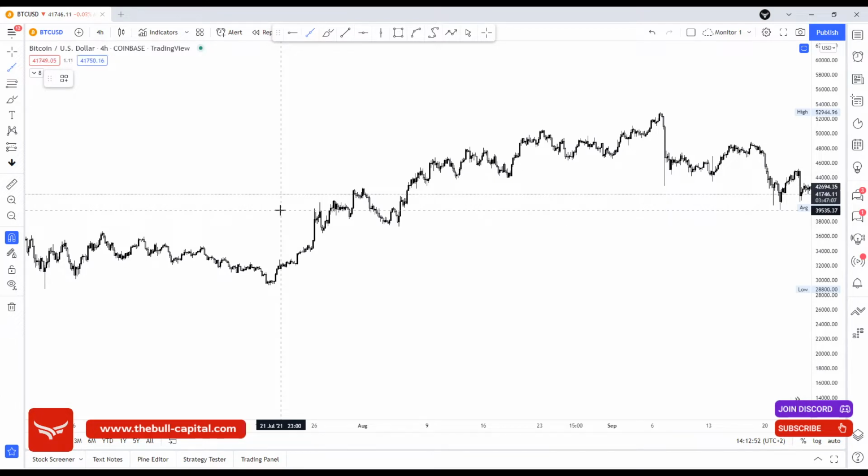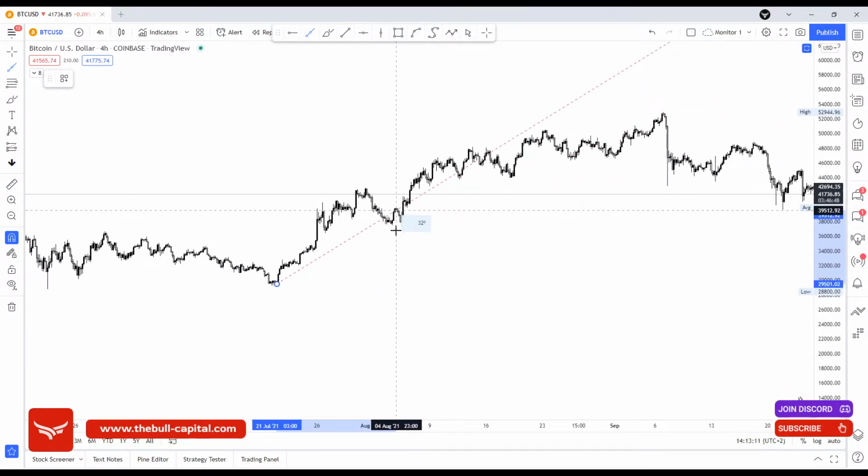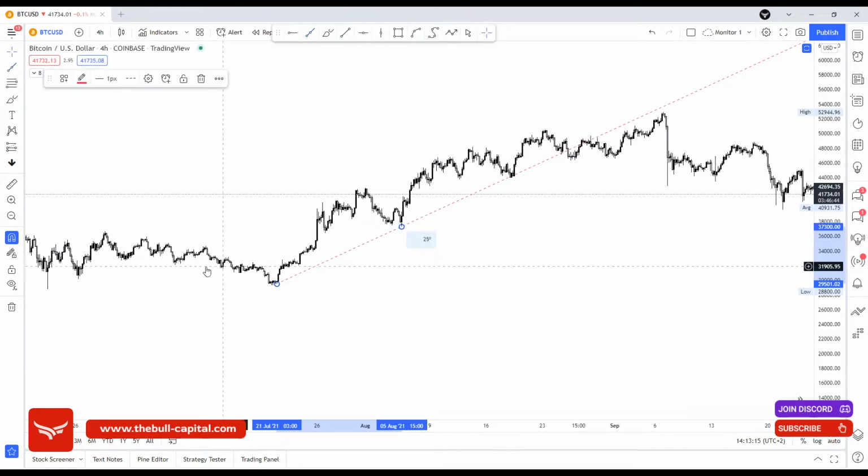If it's an uptrend, we take the last bullish candle. If it's a downtrend, we take a bearish candle. It's very important. So this is the bullish candle we have, and we go to the next lowest bullish candle, which is this one.